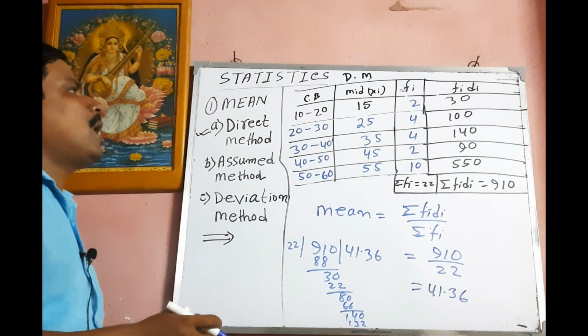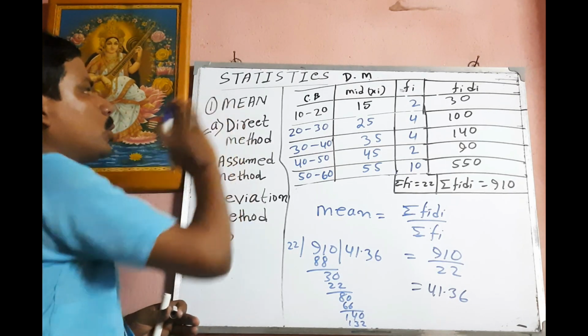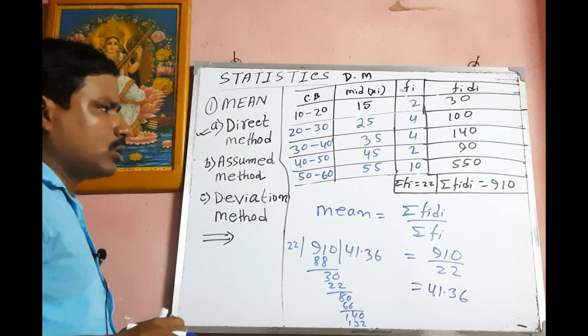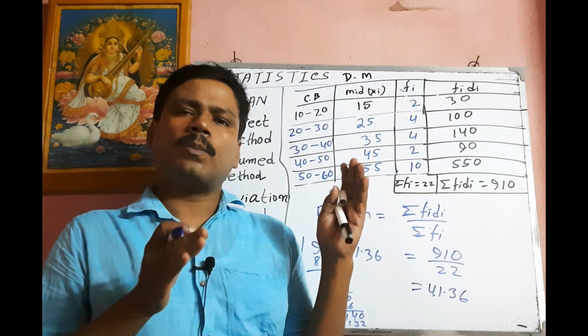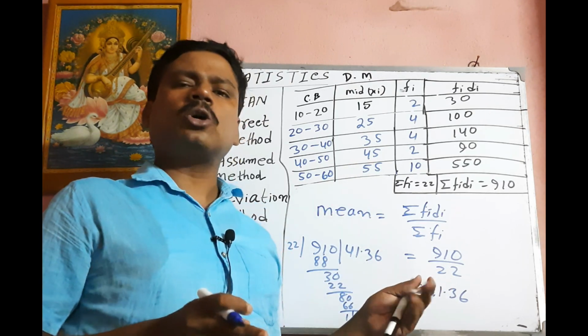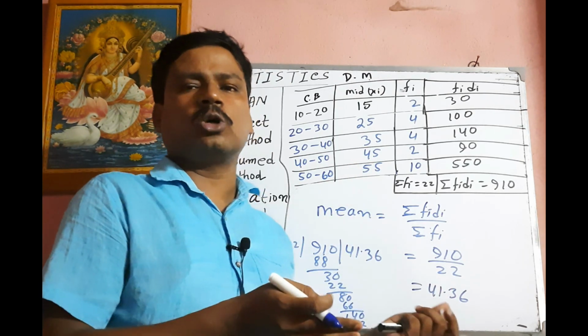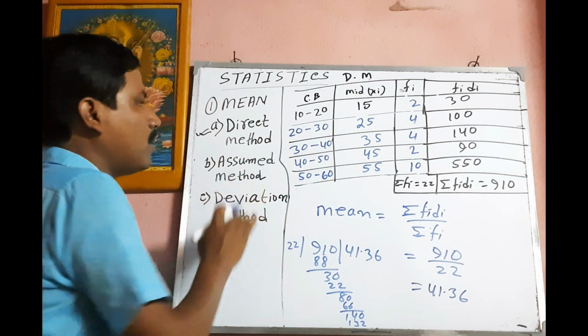So this is the mean according to the direct method. This completes the direct method. Now we move to the second method, that is the assumed mean method.